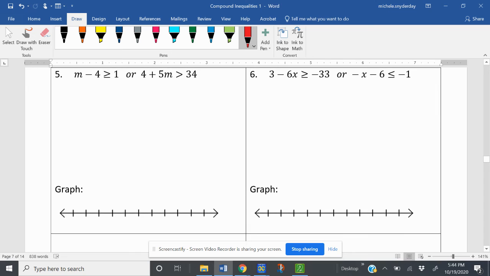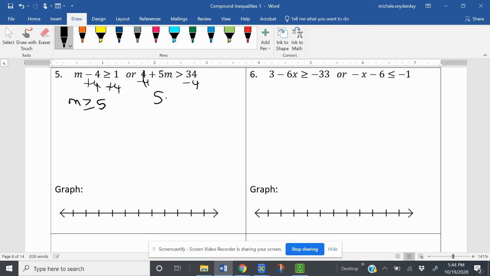All right, couple more. Let's quickly do these. M minus 4 is greater than or equal to 1, so we will add 4. Add 4, and we get m is greater than or equal to 5. Or we have 4 plus 5m is greater than 34. So the opposite of 4 once is to subtract 4.